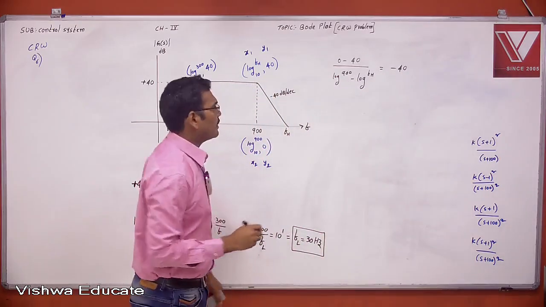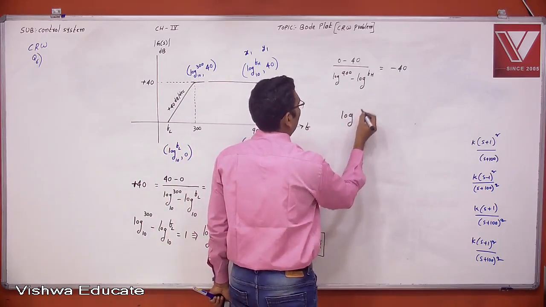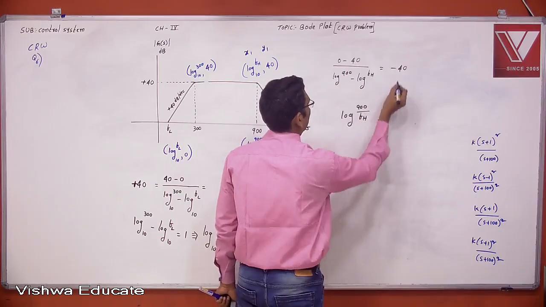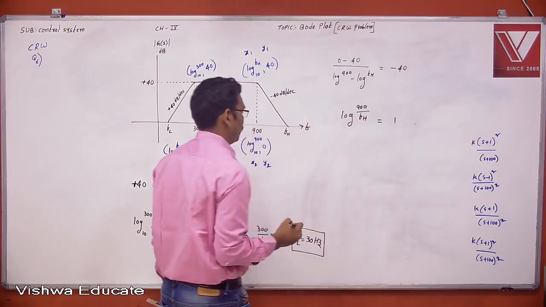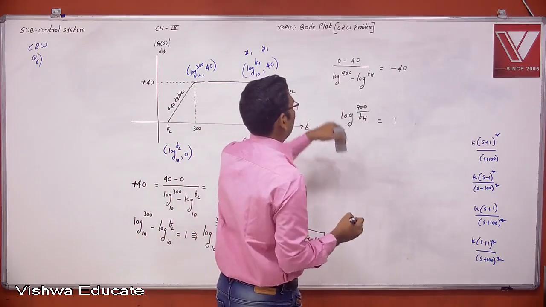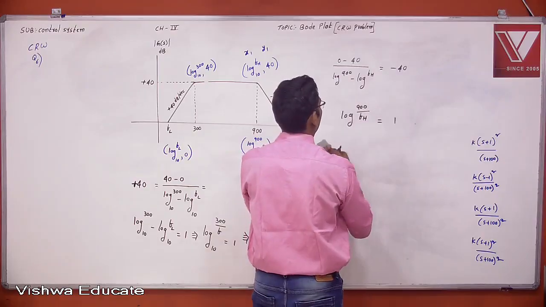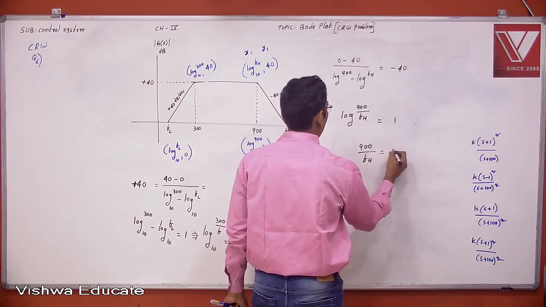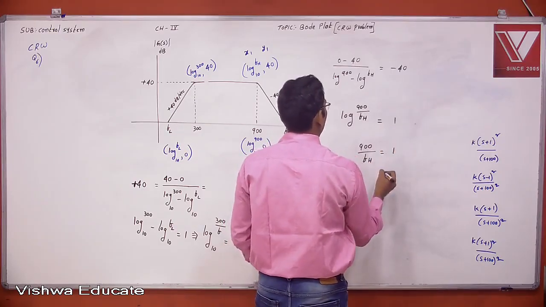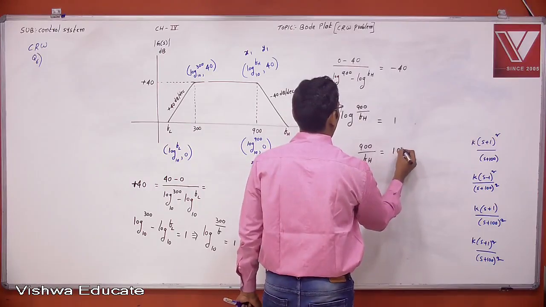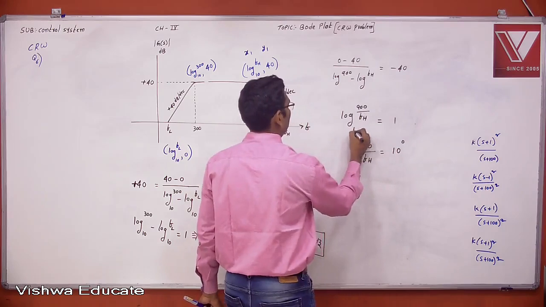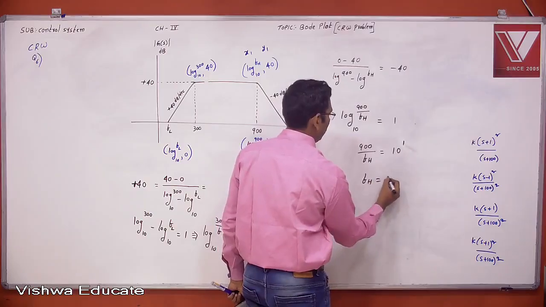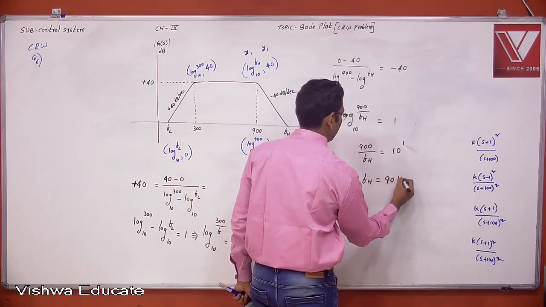So minus minus cancel, therefore log 900 by FH is equal to 1. 900 by FH is equal to 10 power 1. So FH is equal to 90 hertz, or whatever it may be.